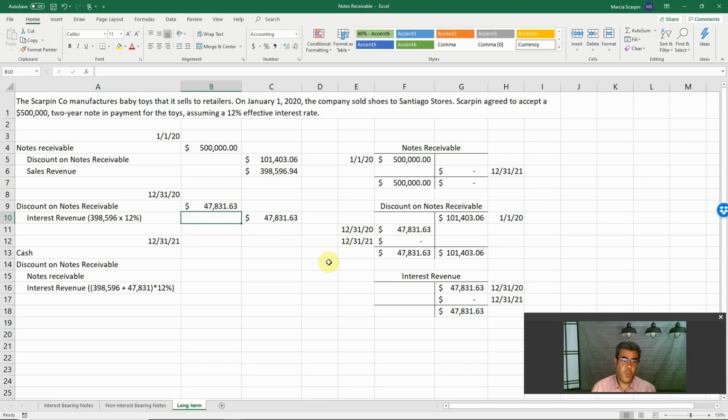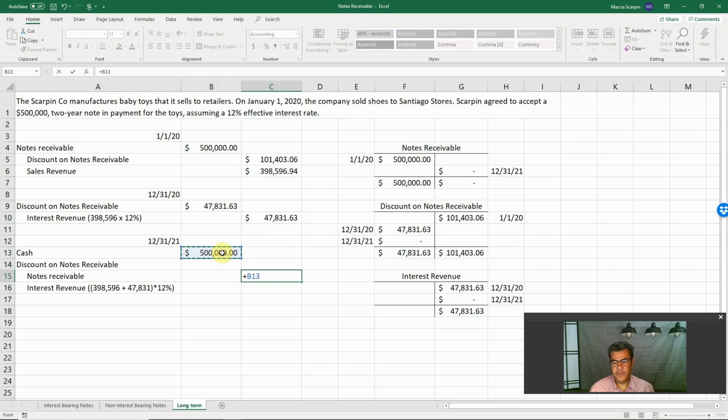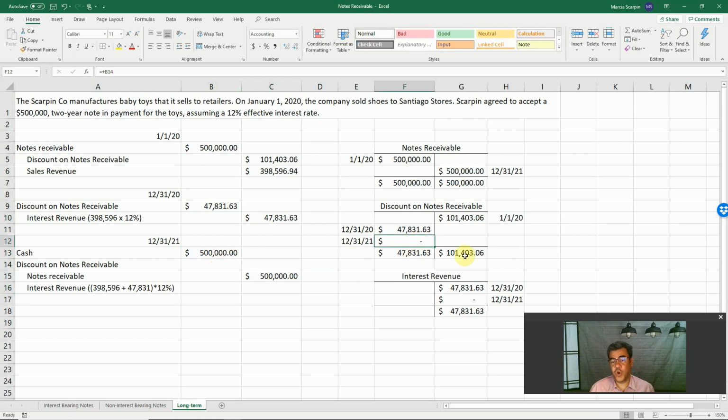And now, what do we have? December 31st, cash, 500,000, notes receivable, $500,000. How much is the interest revenue? The interest revenue is the number to balance, to close our discount on notes receivable, and discount on notes receivable is also a contra account of notes receivable, just like the discount on non-interest bearing.